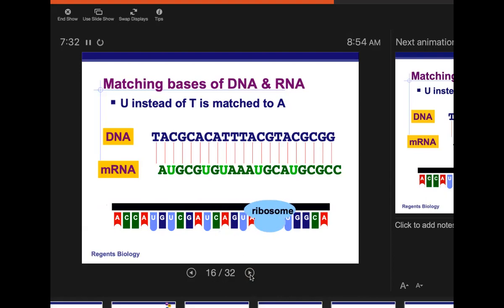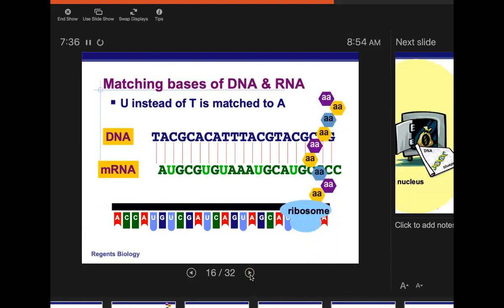Now, we are going to use this strand of mRNA to create our protein, okay? So the ribosome is able to convert this mRNA, the directions for a gene in the mRNA, into a specific protein.